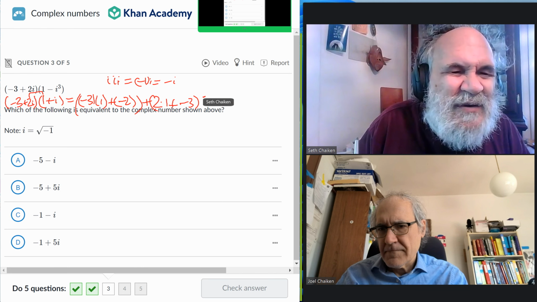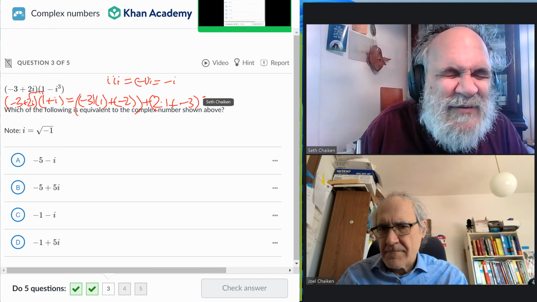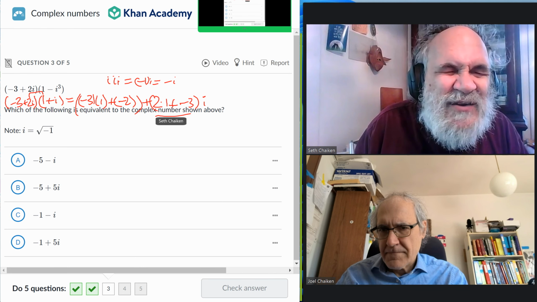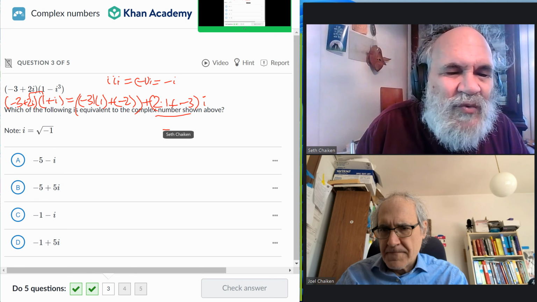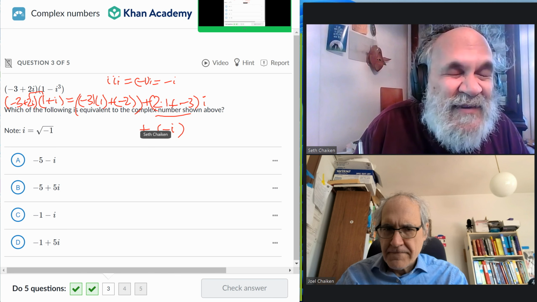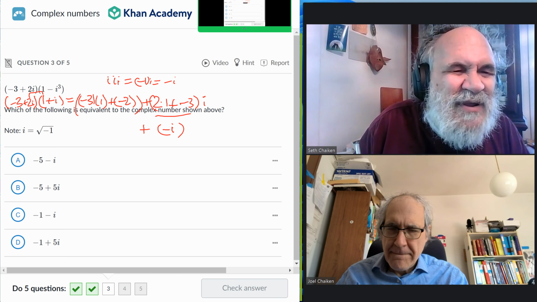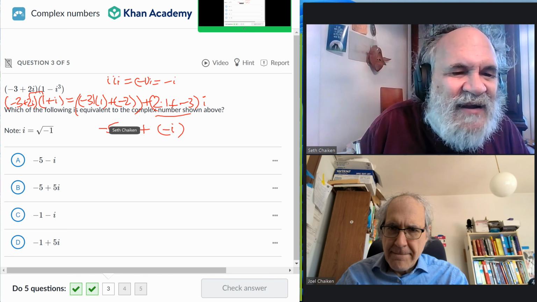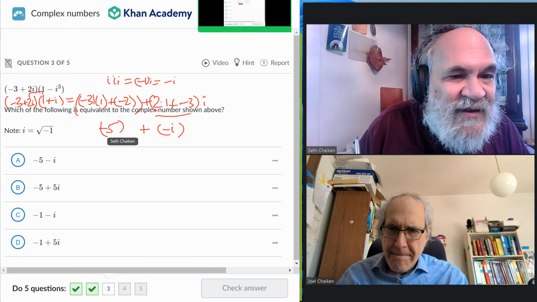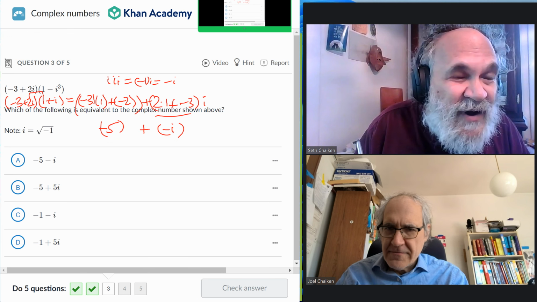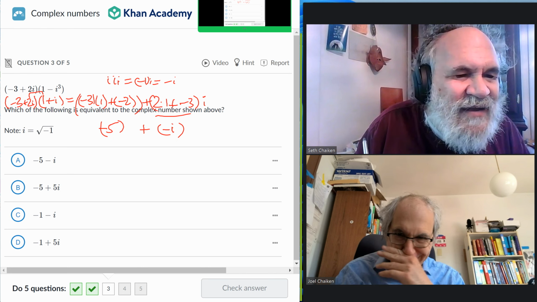Simplifying the arithmetic, this is 2 minus 3, which is -1, so I get -i. And the real part is -3 plus -2, which is -5. And then I look at the answers. -5 plus -i is that.